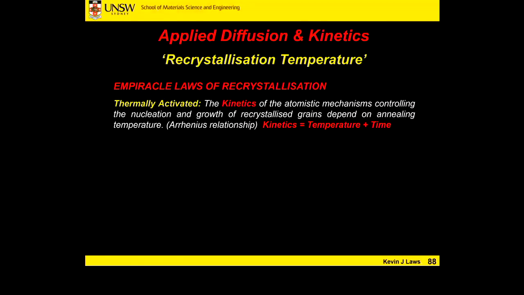Some materials have recrystallization temperatures close to room temperature, and they might recrystallize very close to room temperature if they've got enough deformation in them. We're talking in Kelvin. So the kinetics of the atomistic mechanisms controlling nucleation and growth of recrystallized grains depend on annealing temperature, and this is an Arrhenius relationship. Remember, kinetics is equal to temperature and time.